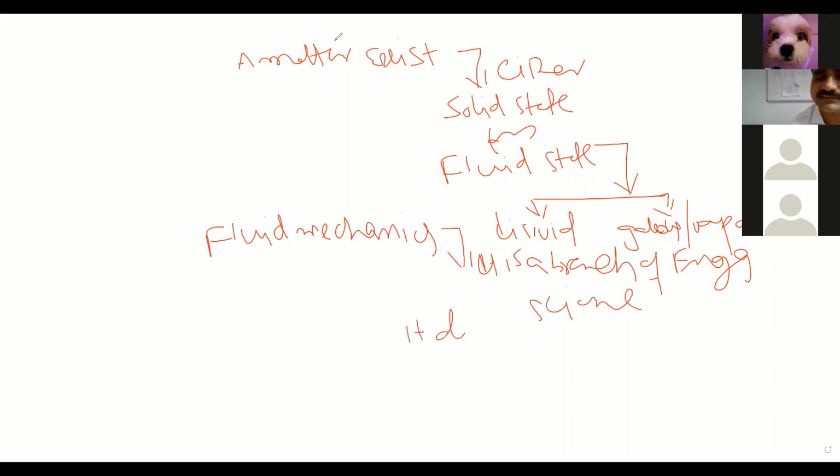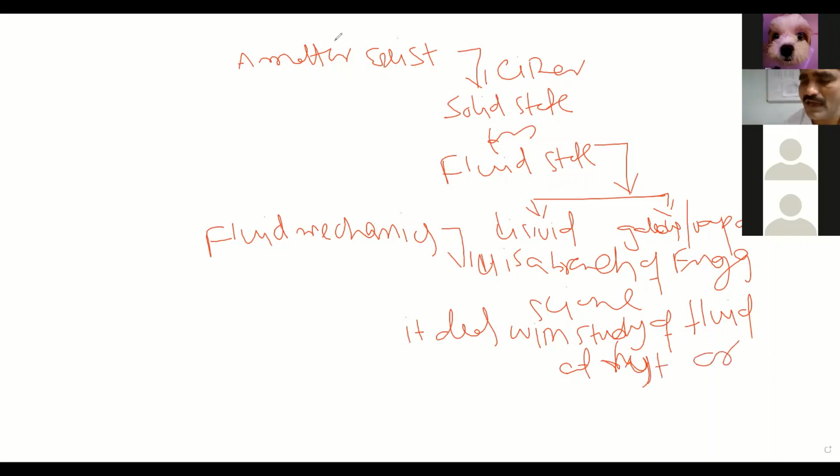It deals with the study of fluid at rest or in motion, and is called fluid mechanics.